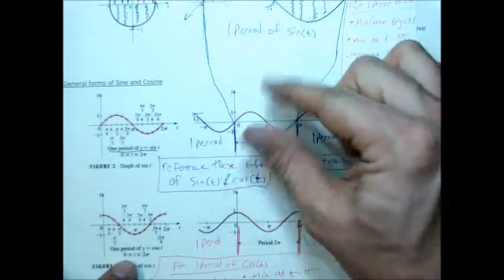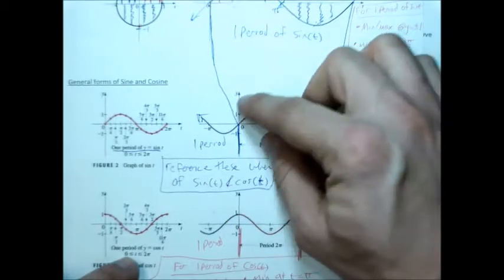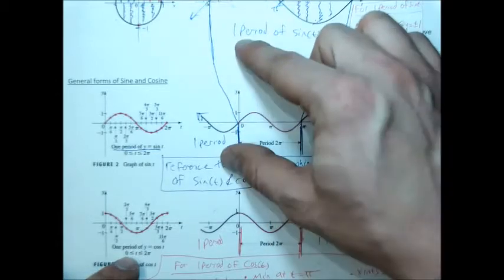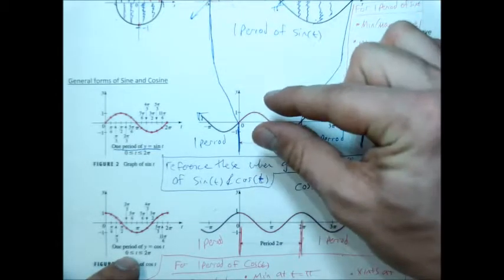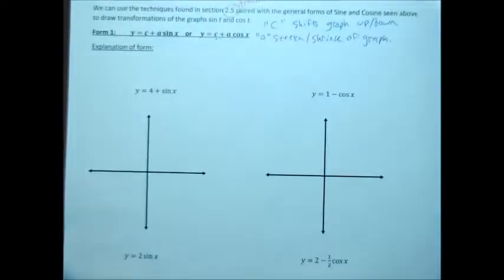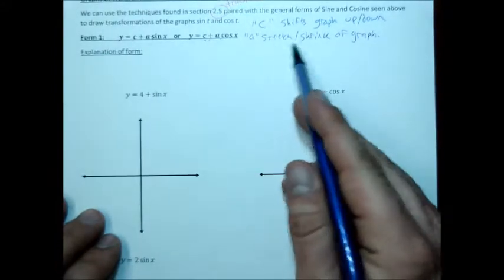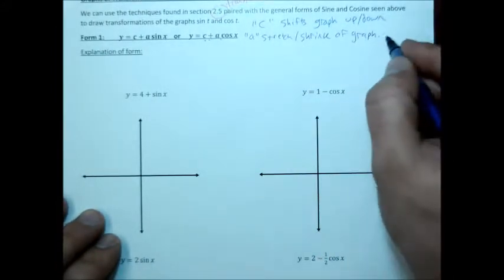If we took them and we stretched them, so this is my stretching motion, if I stretch that, then these max and mins would be higher or lower. Or if we took that and we shrunk it down, right, the max and the mins would be smaller. And so when we do a stretch or a shrink, we need to change the intercepts. Okay, so a is a stretch or shrink of the graph.